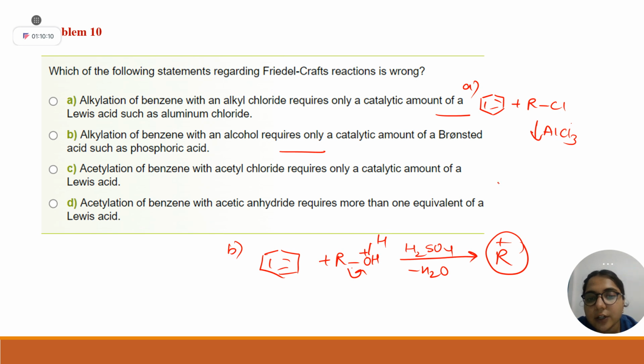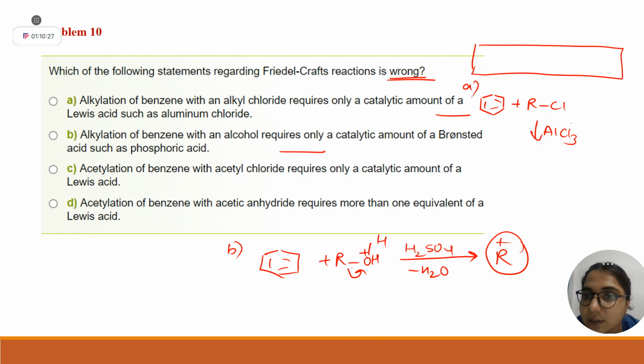Now tell me, according to you, which option is not looking correct, or wrong? Remember, it is asking wrong. You all tell me the answer of this question. At last, I have given you that answer key. Then we will match. Just tell me the answer. Majority goes with which option?